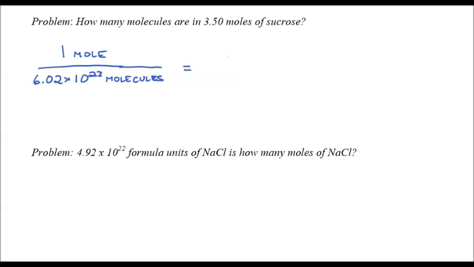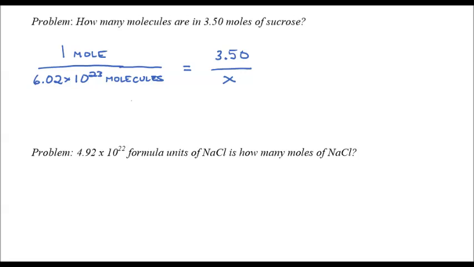In our proportion, we want to know how many are in 3.50 moles. So if you can set up that proportion and understand what it means, it's going to make this chapter that much easier.